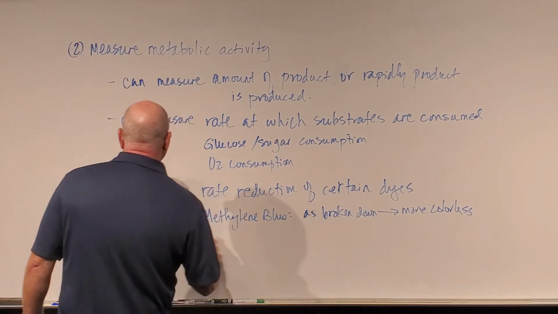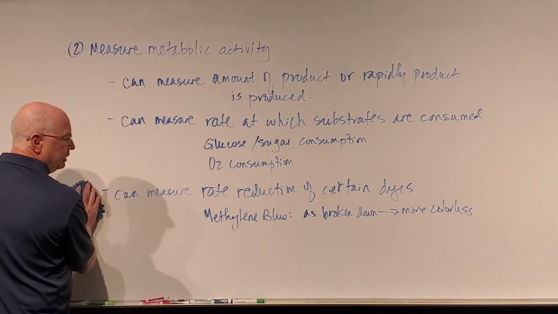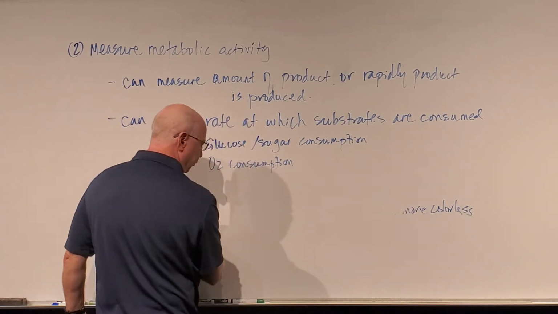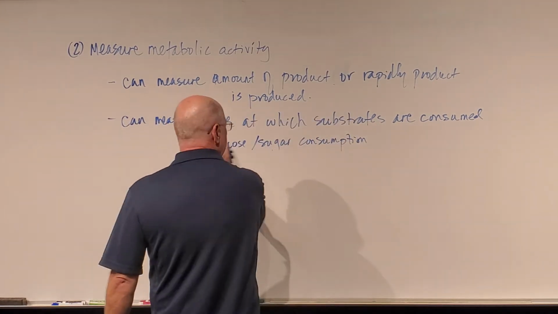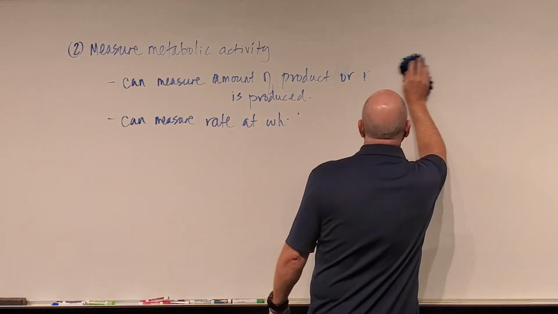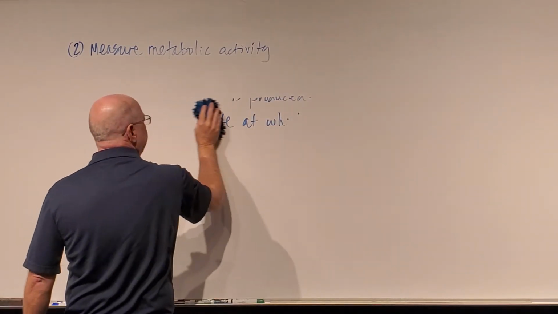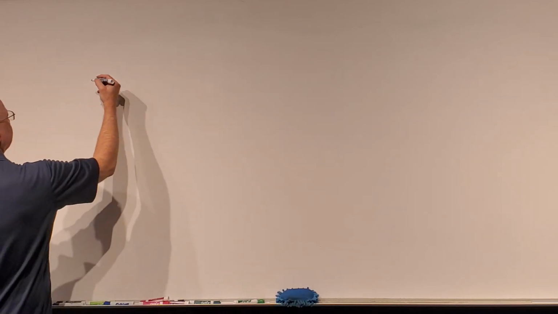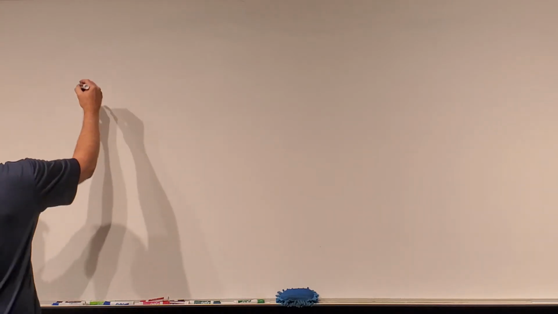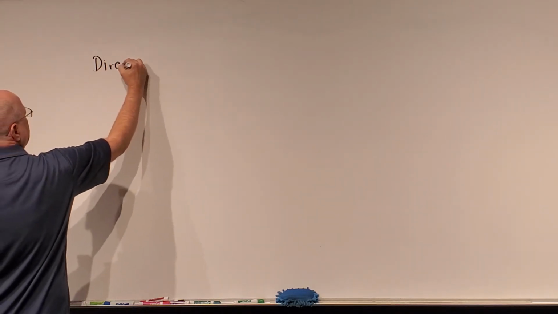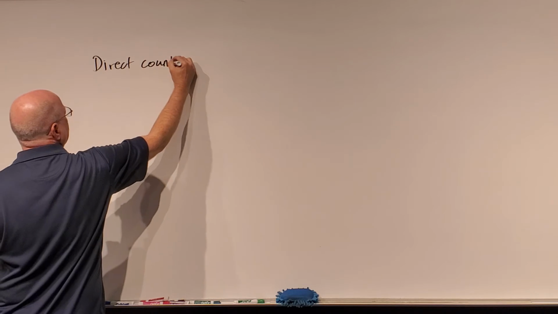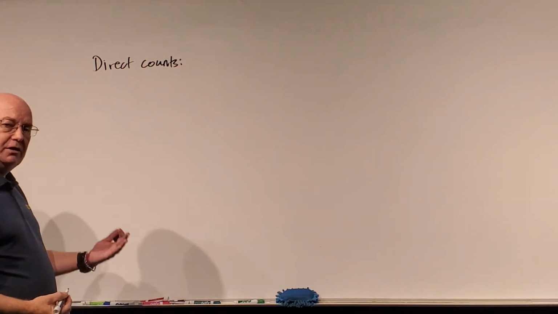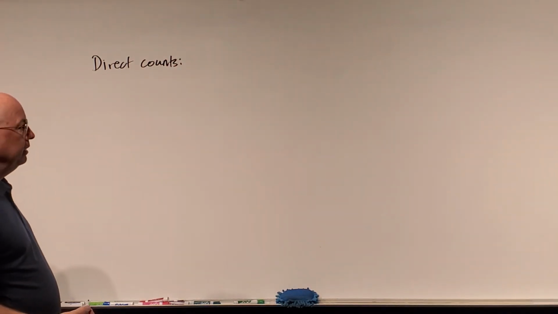Now, there are more direct ways that we can measure bacterial growth. These are somewhat indirect methods. They don't always tell us the exact number of cells, but we can measure in direct ways. One of the things that we can do is what are called direct counts, where you actually count the number of cells present.